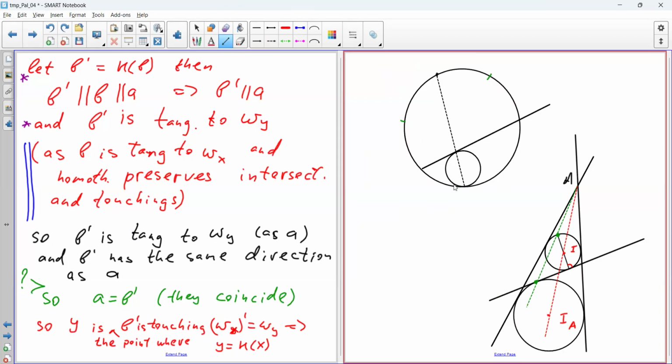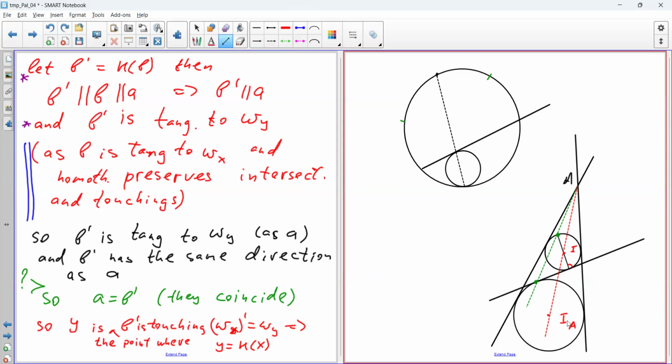So here we have two touching circles and the tangent line to one of them. What we should prove is that the straight line passing through these two tangency points must pass through the midpoint of the arc.